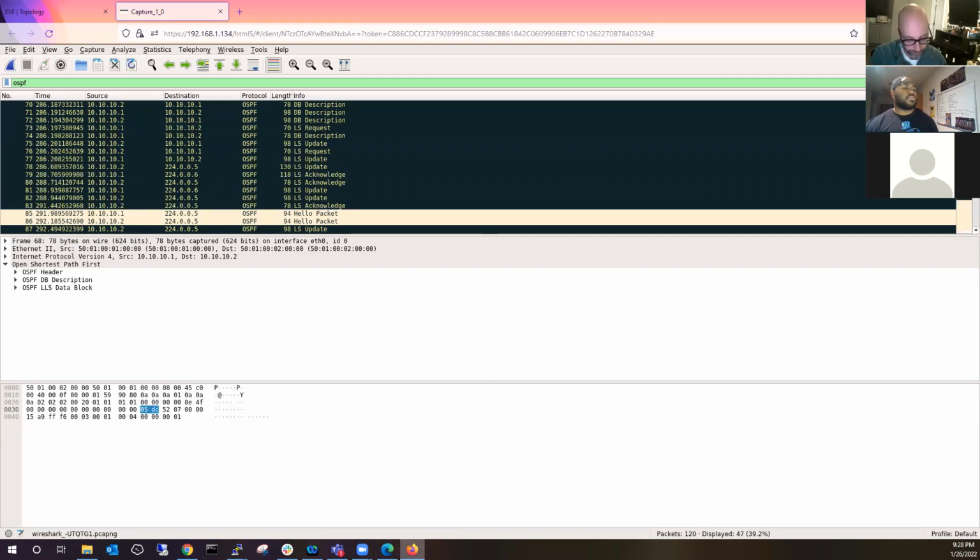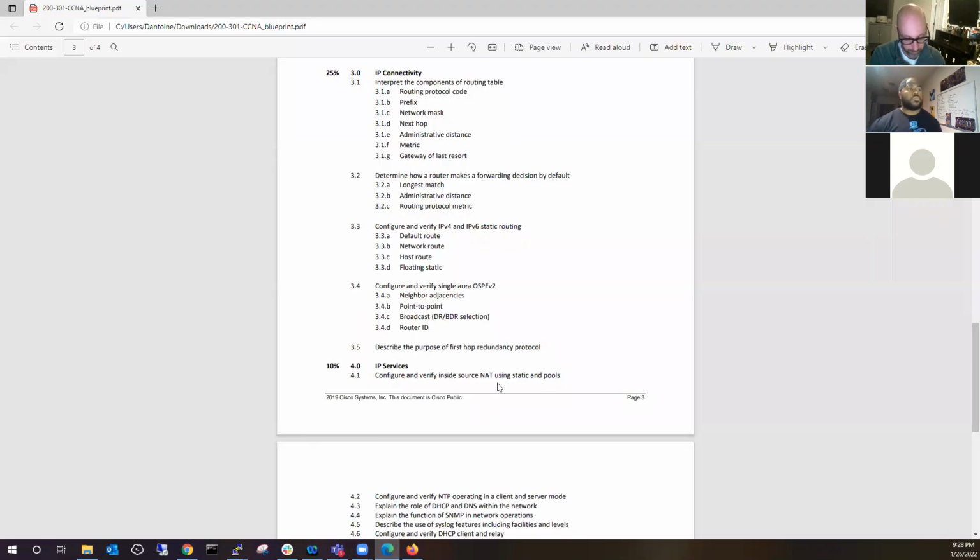Okay, so let me ask you this. You were talking about this before. What are the router ID rules? Yeah, router ID rules. Kind of pivot my brain. So you can configure your own router ID, and whichever is lowest wins.